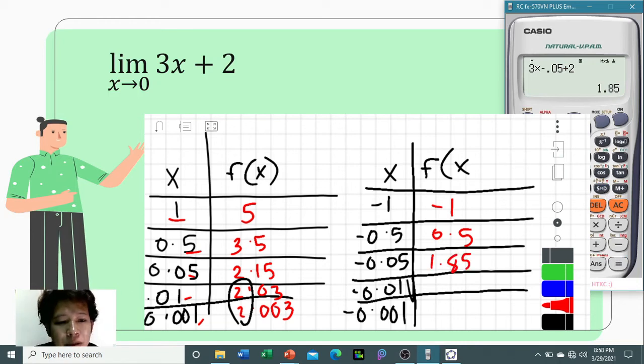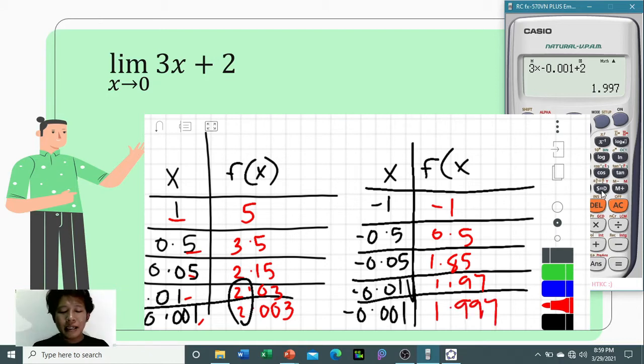And then we would also have 3 multiplied by negative 0.01 plus 2. So we would have 1.97. And then the last one would be 3 times negative 0.001, sorry, plus 2. So that would be 1.997.